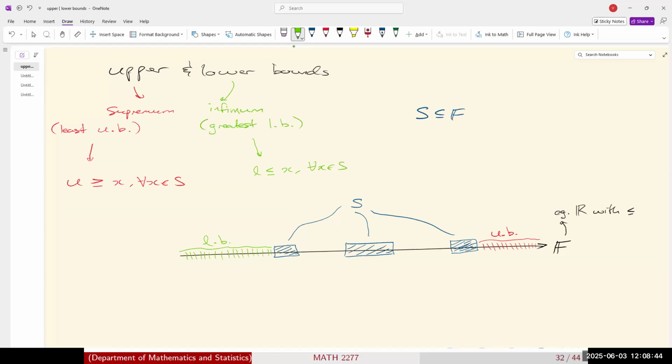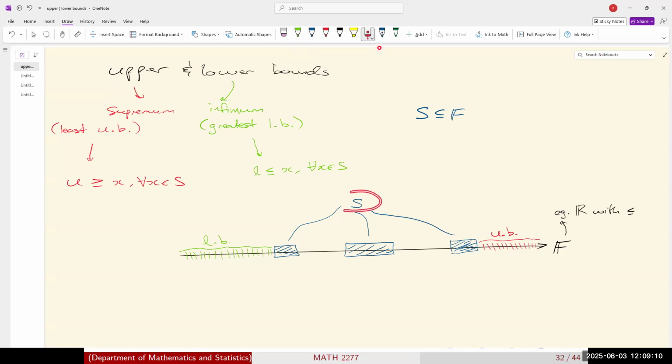Of course, if a set has at least one upper bound, and most of the time there are going to be many of these upper bounds, if a set S has just one of these, we say it is bounded above. If a set S has just one lower bound, if you can find just one lower bound, we say S is bounded below.